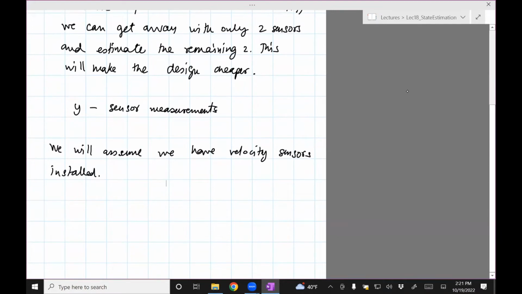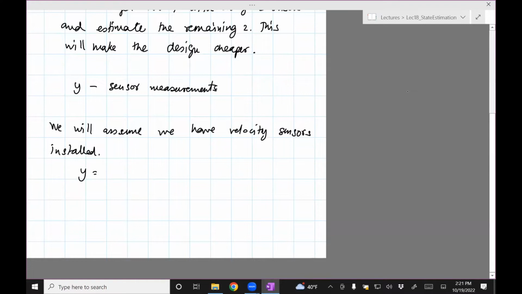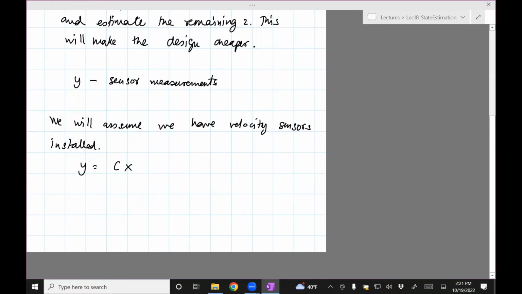Okay, so the same arguments will go with the position sensors. I'm doing this for velocity, but you can use the same arguments and the same design techniques as I show for velocities. So the measurements are a function of the state x. In this case, we are looking at linear estimates, but it need not be linear. We'll not worry about non-linearity for now.